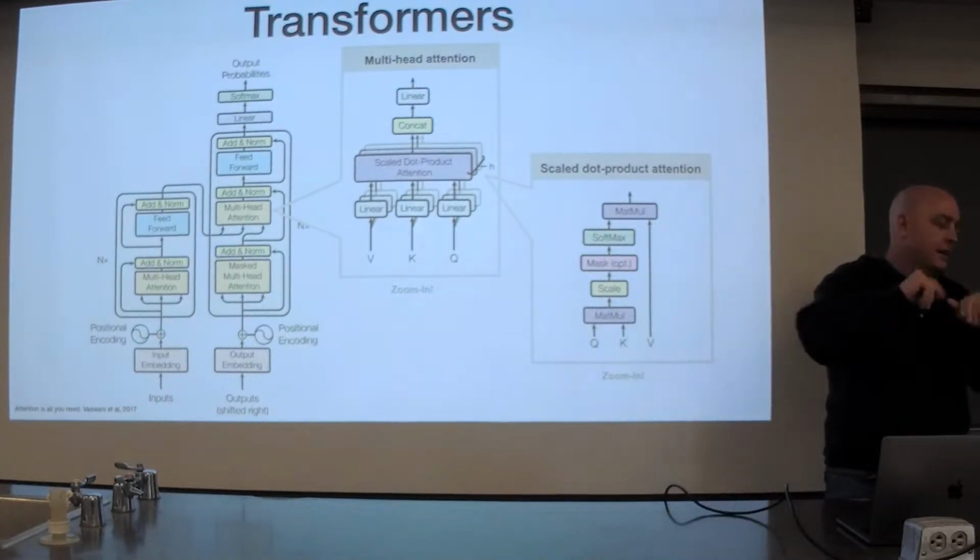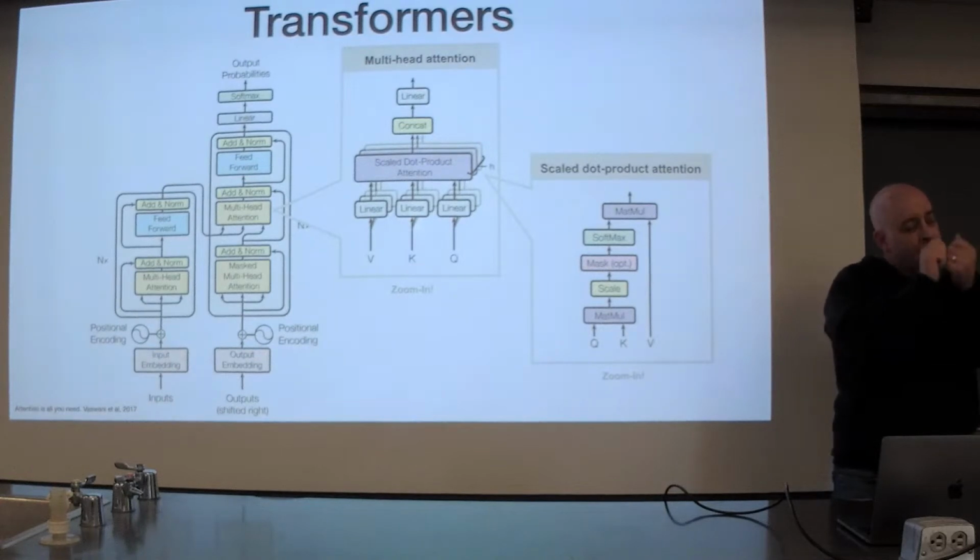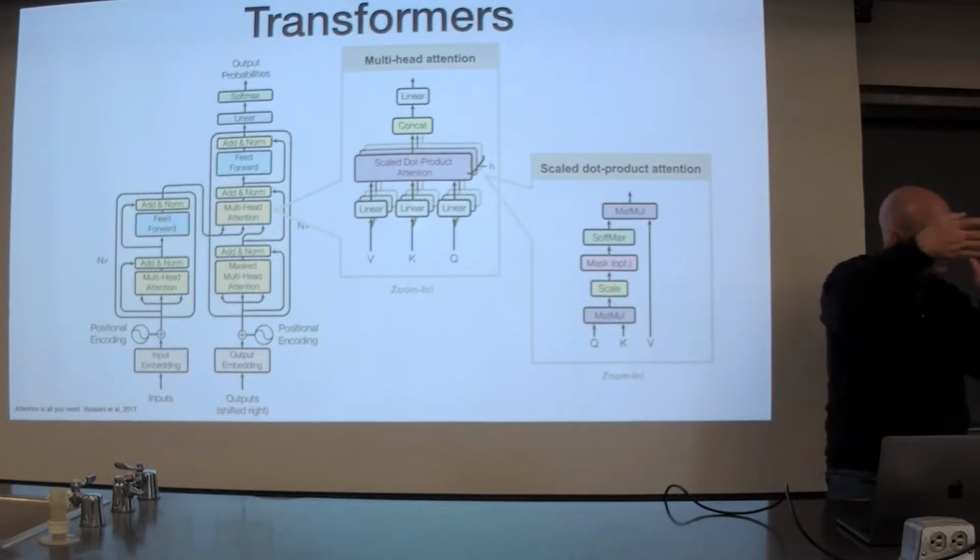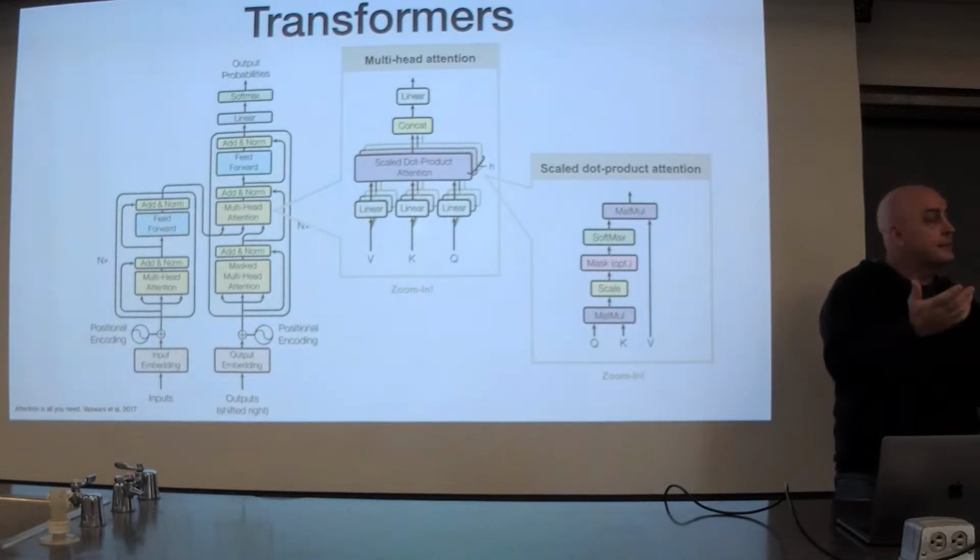I have this query, which gets compared to these keys. The query came from one token, the keys came from all the tokens, and associated with each key is a value. The queries and the keys give me my attention weights, and the values give me the thing I'm going to combine together in that linear combination. That's now the thing I mix.